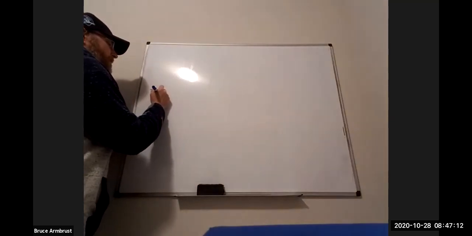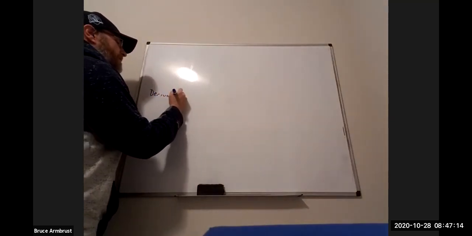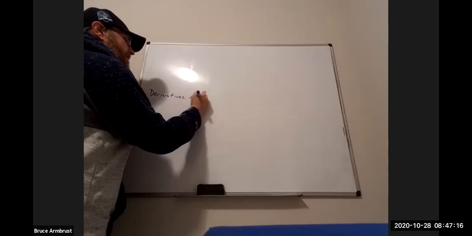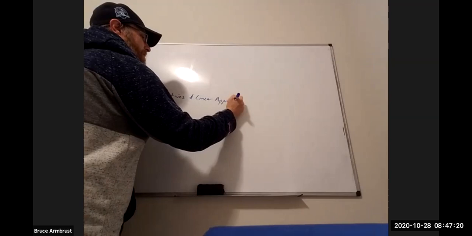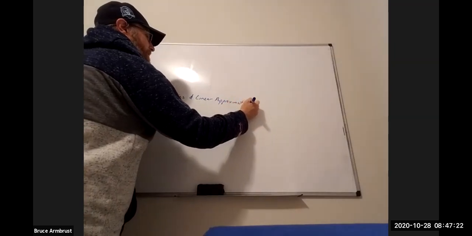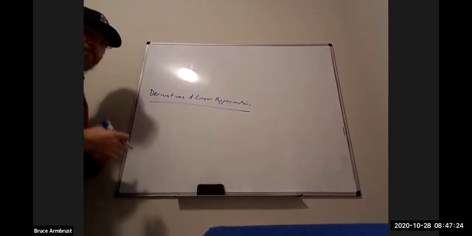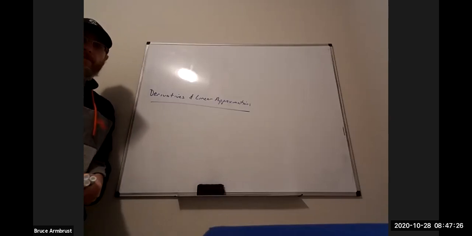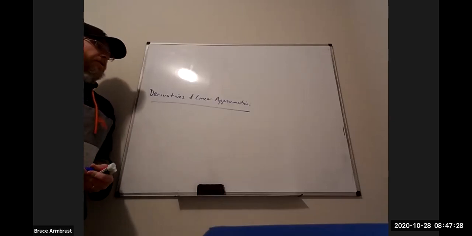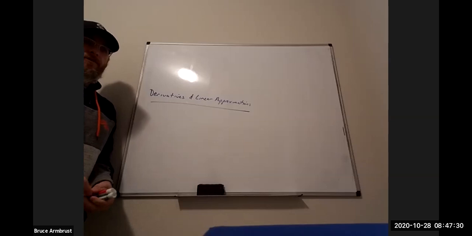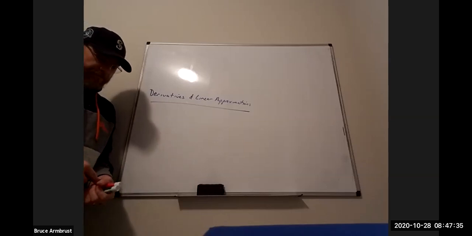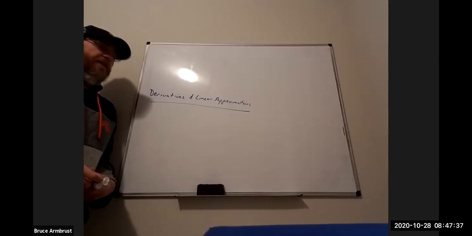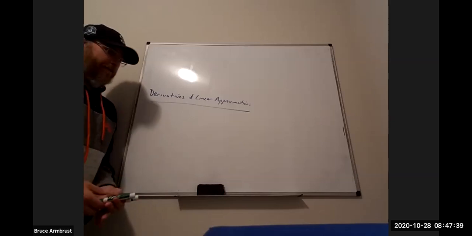And so we're going to go with derivatives and linear approximations. This is our next bigger topic: what do derivatives do in terms of linear approximations, and what does that even mean? First of all, just think about the naming of things.